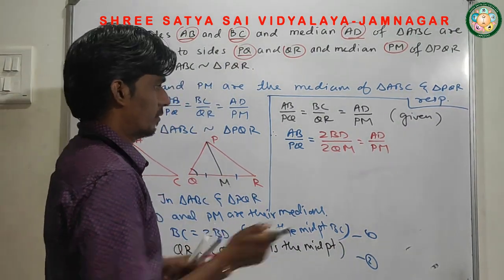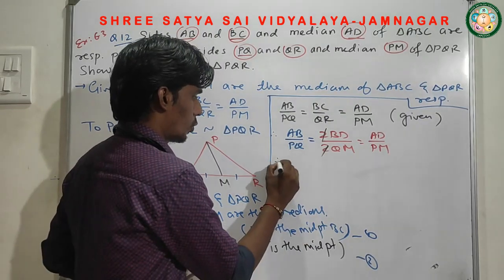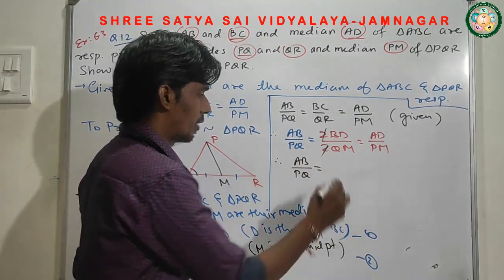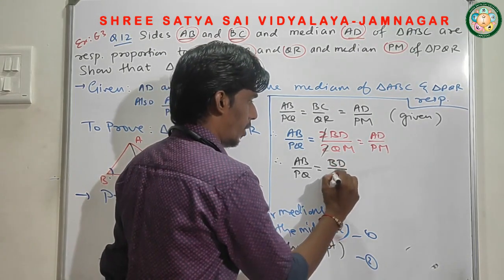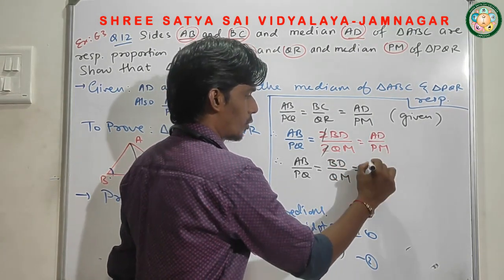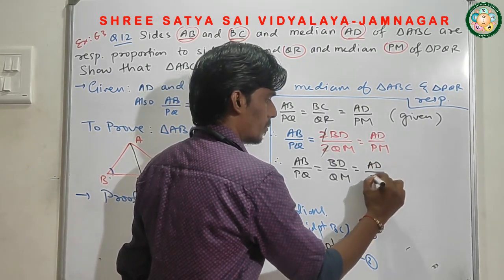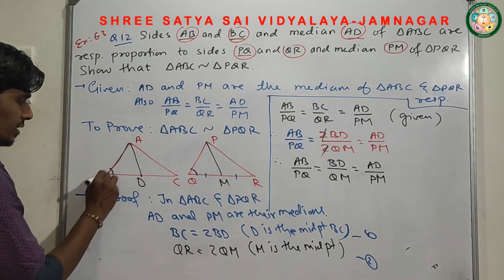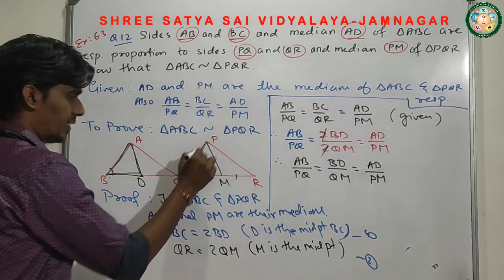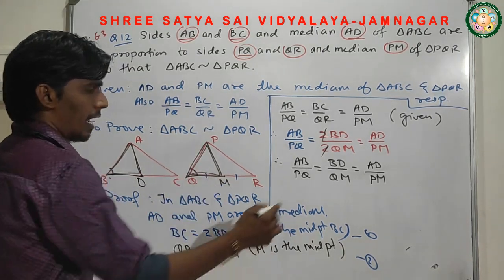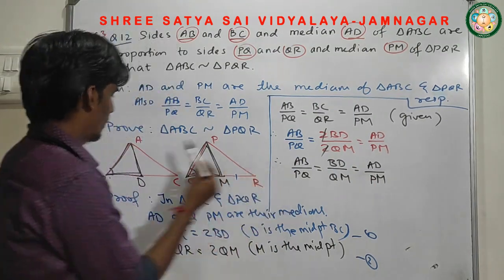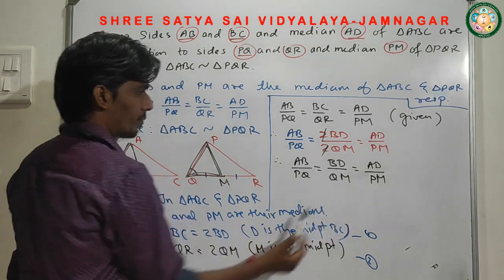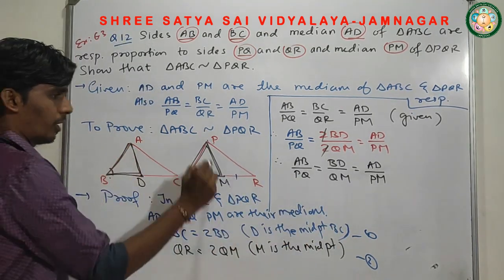So definitely here this 2 and 2 get cancelled. So what I got here, AB upon PQ is equal to BD upon QM is equal to AD upon PM. Now if you look at this triangle, only this triangle and this triangle, I got all the sides are in proportion. This AB upon PQ, this BD upon QM, and this AD upon PM.